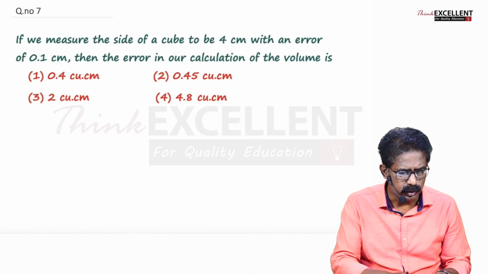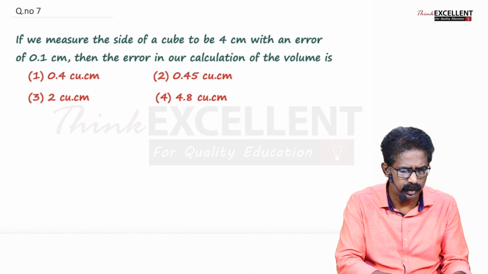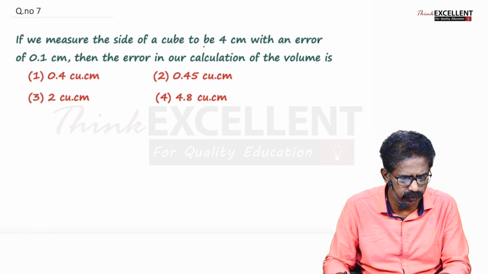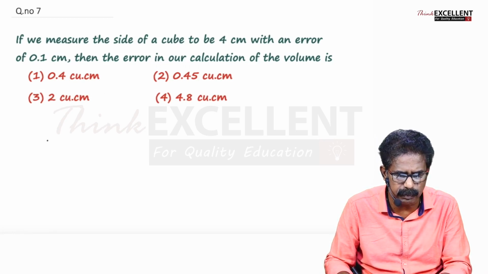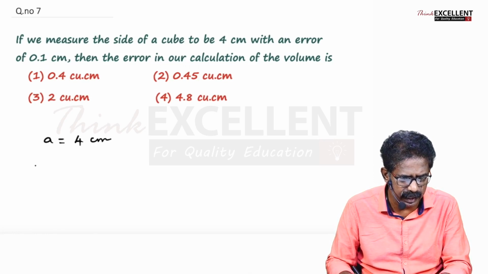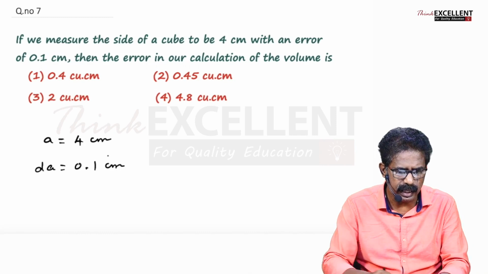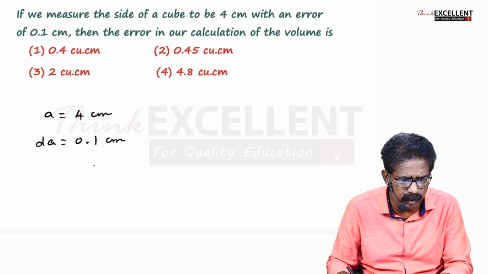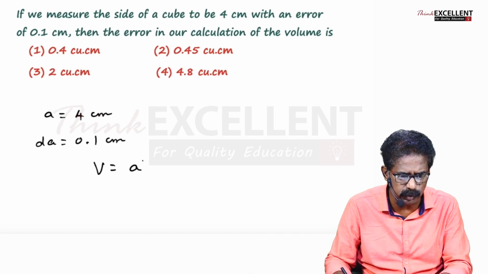Now let's move on to question number 7. If we measure the side of the cube to be 4 centimeter, they didn't mention any letter, so we take it as a. Sometimes they give x. With an error in a, say delta a or dA equal to 0.1 centimeter, then the error in our calculation of the volume is, so the volume of the cube, it is a cube, right?